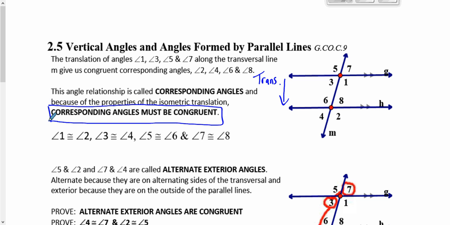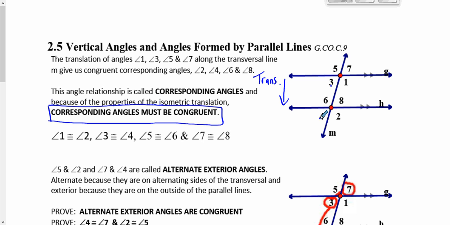Congruent. So, do you guys see if we translate this down, angle 3 will translate to what? We'll map onto what? 4. So angle 3 is congruent to angle 4. What will angle 1 map to? So those corresponding angles are congruent. How about 5? Right? And 7 goes with, so all those pairs are congruent to each other. So if the lines are parallel, the corresponding angles are congruent.